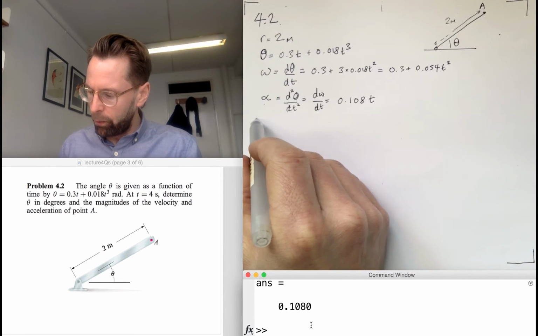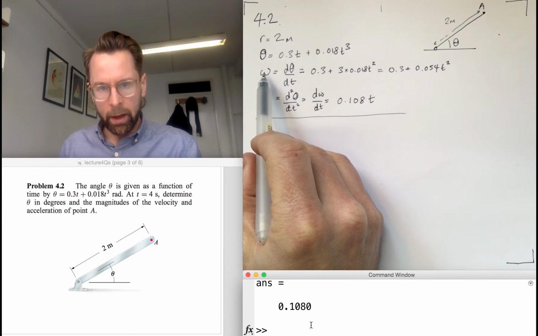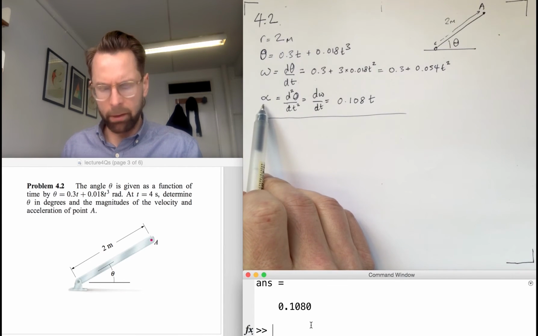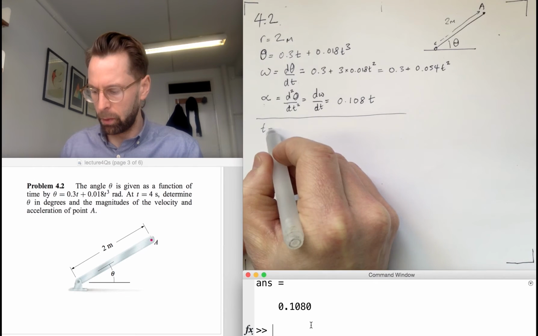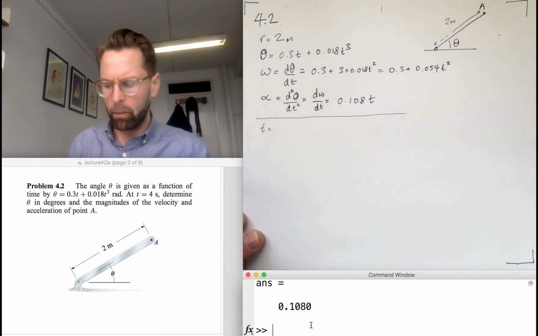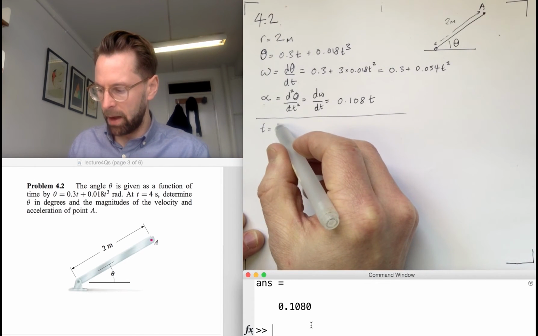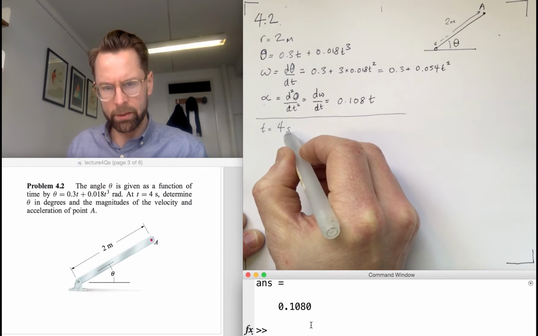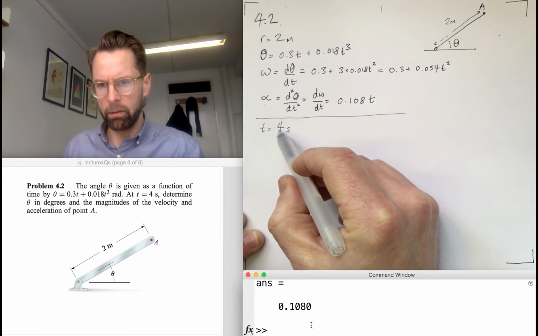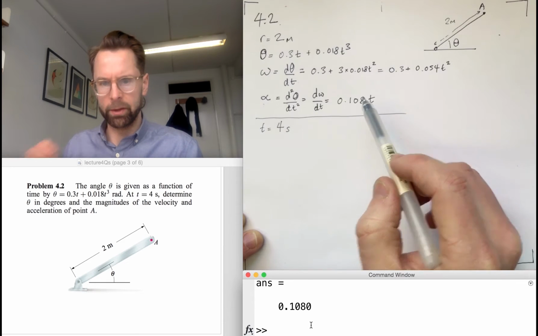So now we know the angular velocity and the angular acceleration as functions of time, and the question asks, what are the properties of the system at t equals 4 seconds? So we can put 4 into these two expressions now.